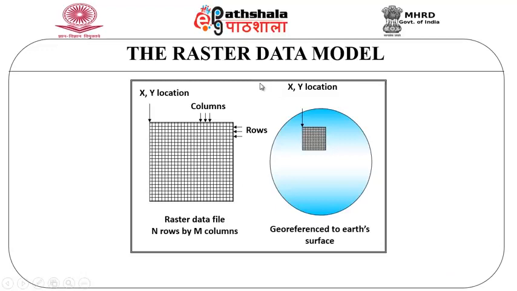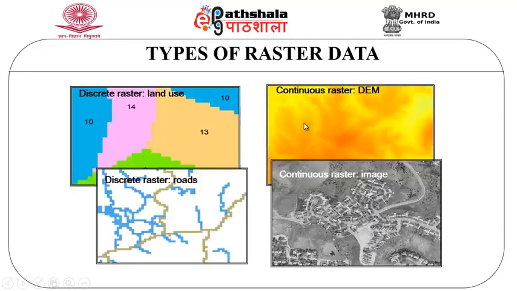If you look at the raster data model, we can see how it is being mapped. The raster data file, which has n rows and m columns, referenced by x, y location, is mapped onto, or georeferenced to, the Earth's surface with respect to the x, y location.